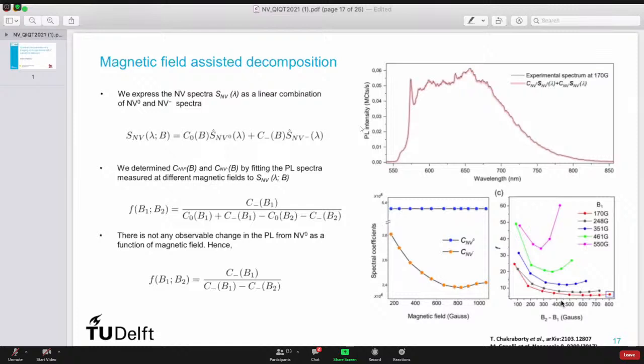Also, we can see that the value of f changes for the same amount of variation of magnetic field depending on the initial field. So one should be constrained to the minimum starting field, minimum lower field B1, to get the minimum value of f.